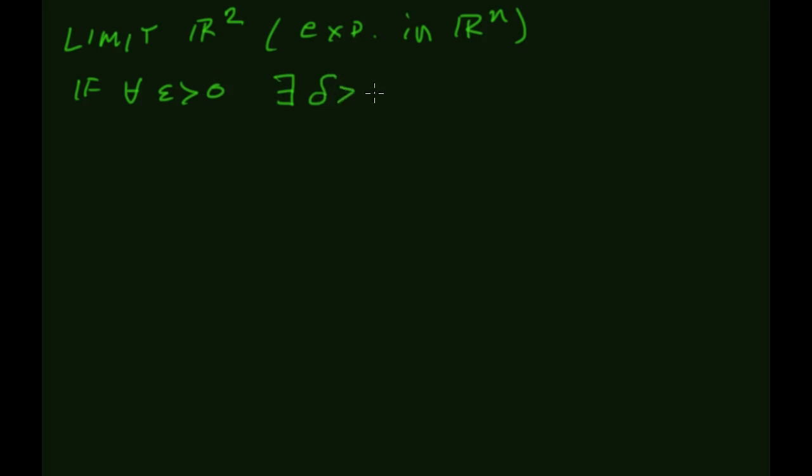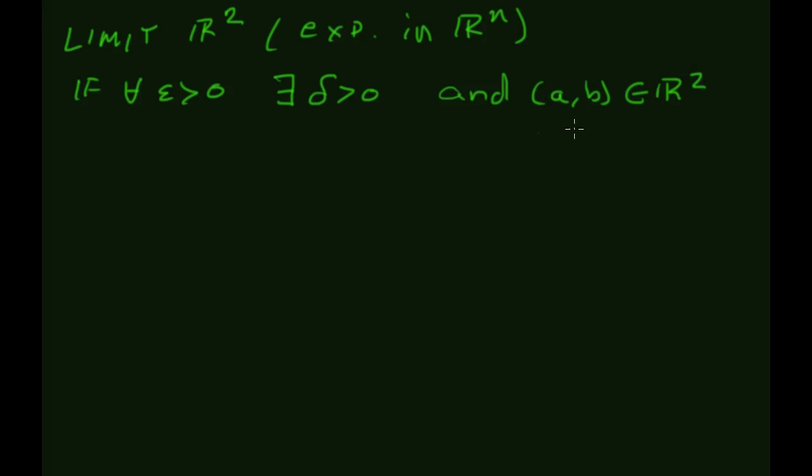Now I'm going to build the limit in R2, but this can be expanded into Rn. There's no reason why it can't be. So if for every epsilon greater than 0, so basically you have this two-player game. The epsilon player is going to pick an epsilon. We need to pick a delta that's also bigger than 0. And I have some point (a, b), which is in R2.